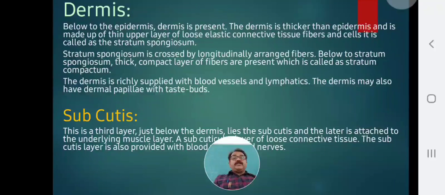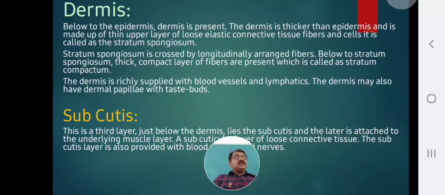The dermis is richly supplied with blood vessels and lymphatics. Lymphatics and blood vessels are supplied to this dermis. Dermis may also have dermal papillae with taste bud cells.